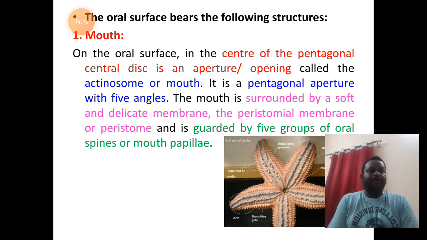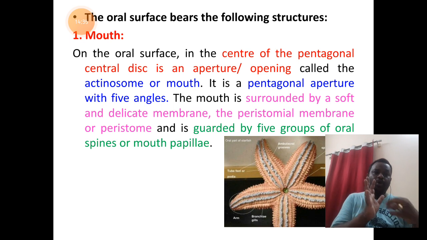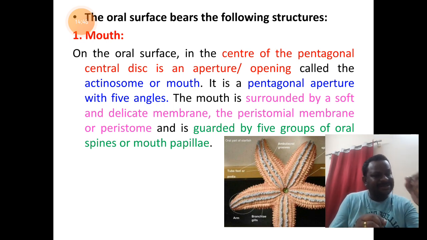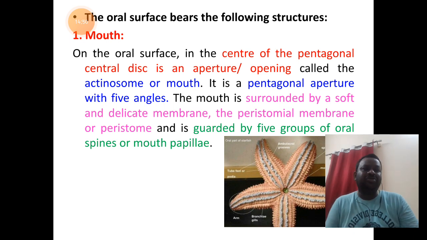This opening or aperture is called the actinostome or mouth. It is a pentagonal aperture. That means it's an opening which shows 5 ridges or 5 angles. But here in the picture, it appears to be round, but originally it appears star-shaped. So, it is an opening which is of pentagonal shape.